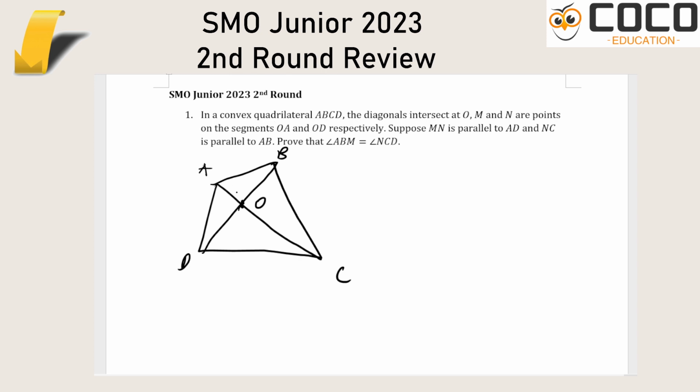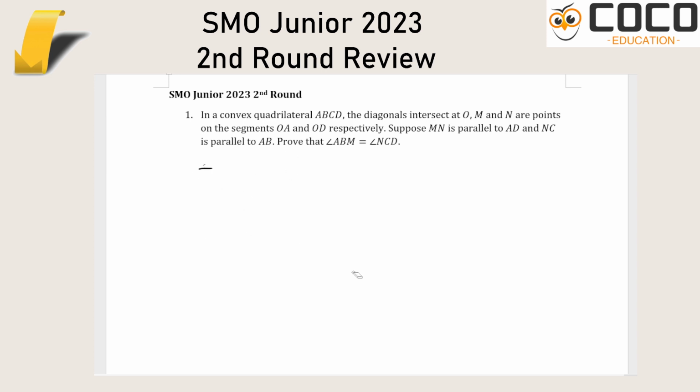So M is somewhere here. Suppose that MN is parallel to AD and NC is parallel to... Whoops. It can't happen, can it? How do I put N such that CN is parallel to AB? Okay, so I realized that maybe I should just redraw this entire diagram again in a different way. Now this will happen, right?